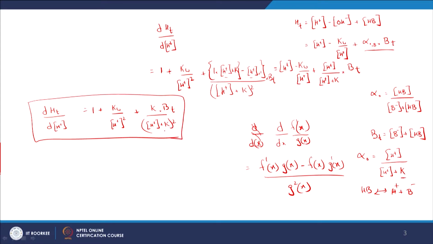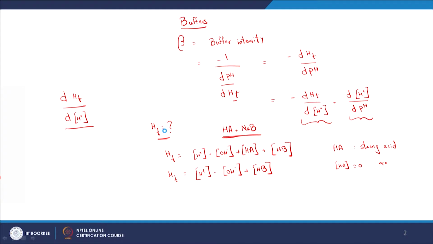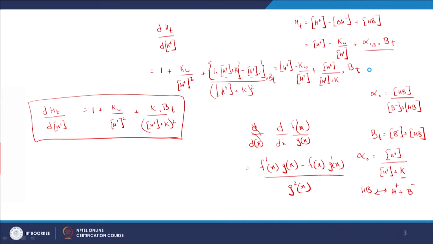And the other aspect I believe that we had to calculate was, what is it now? dh plus by dpH, right? So the derivative of h plus with respect to pH. For that, though, I am going to look at calculating the derivative of pH with respect to h plus, okay?